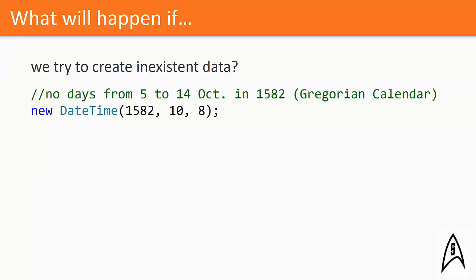By the way, taking into account that the 5th of October in 1582 doesn't exist, what do you think will happen if we write the following code in C# using the standard BCL library?